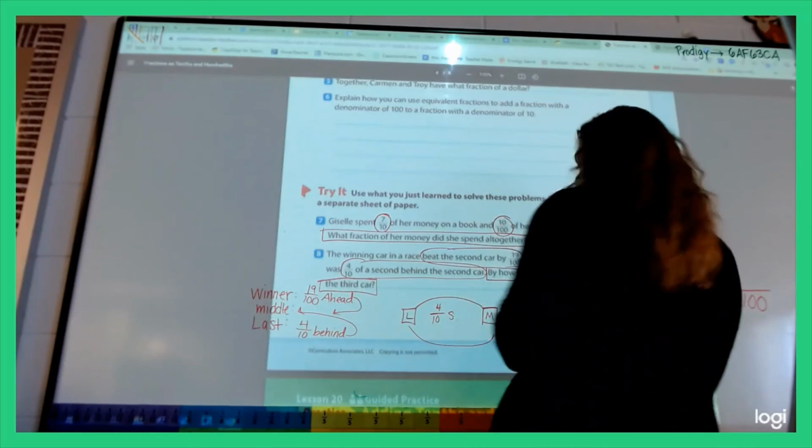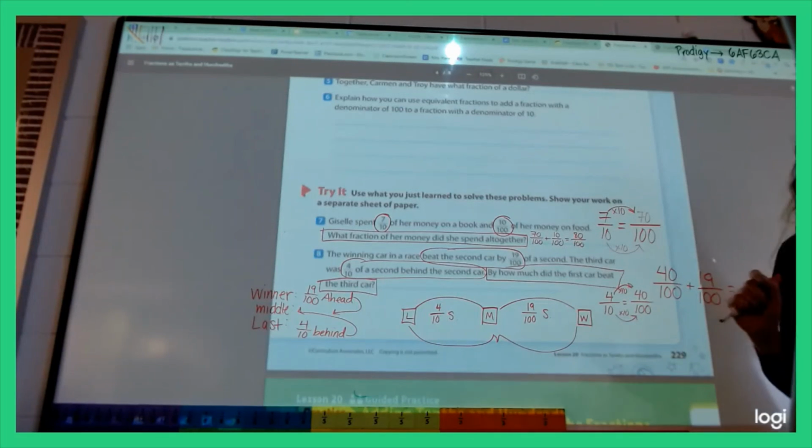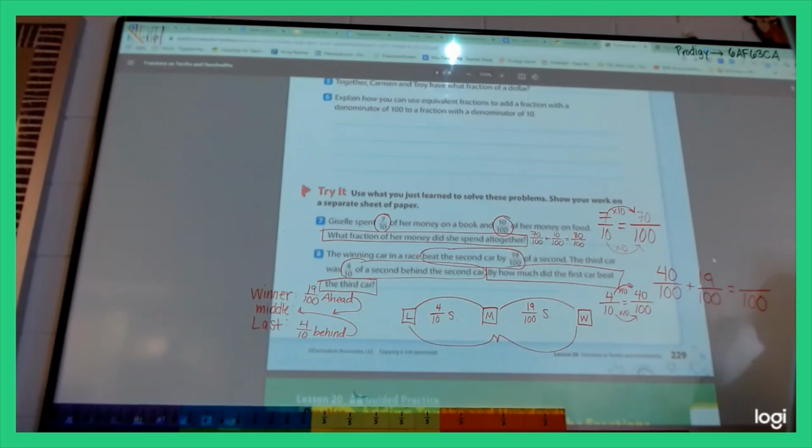Remember, when we add, our denominators do not change. Numerators do. So 40 plus 19. Does anyone have a good mental math trick for that? Because I think I've got one if you don't. Hudson? So I obviously don't have to worry about the denominators. So I add 40 plus 19, which is 59.